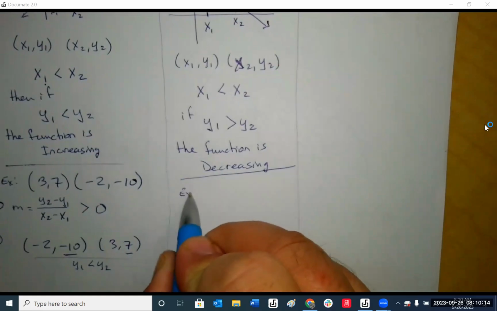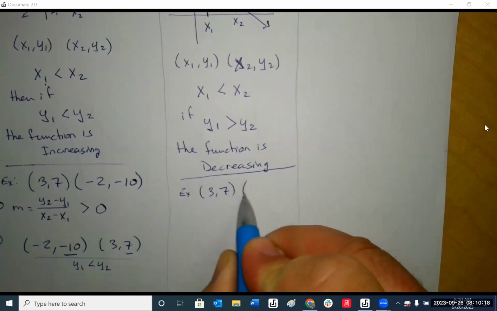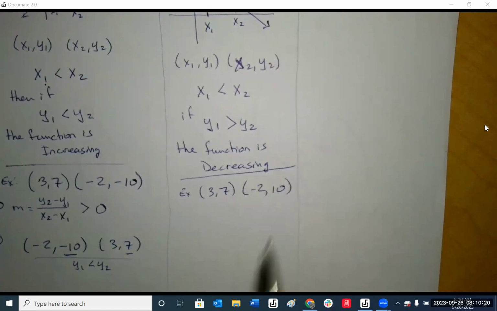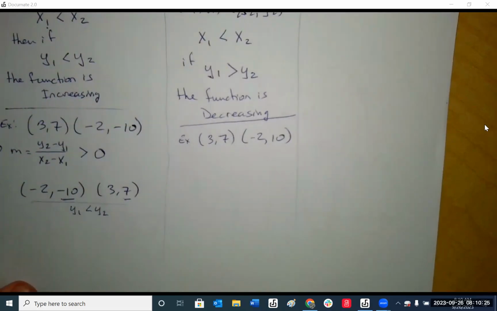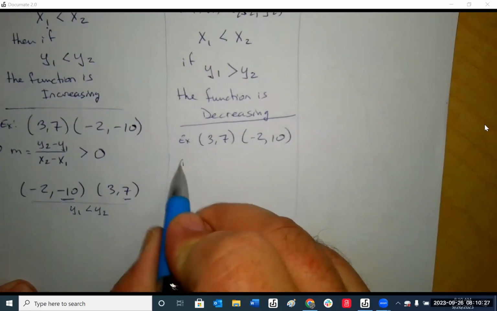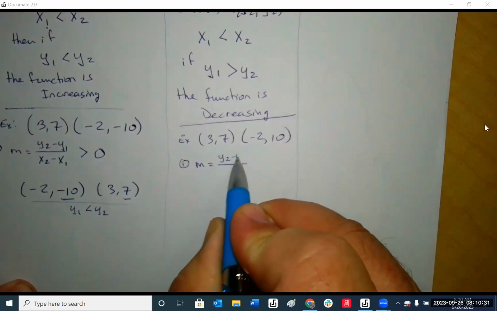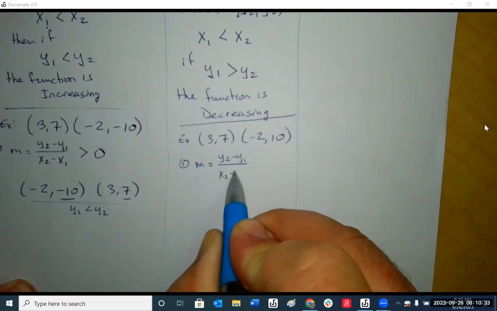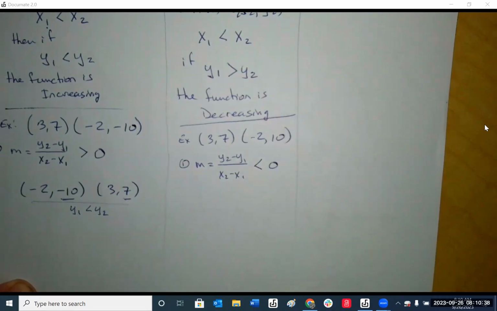Here's an example. (3, 7) and (-2, 10). Positive 10 this time. Again, if you want to do the slope way, y2 minus y1 over x2 minus x1, and the slope now is going to be negative.